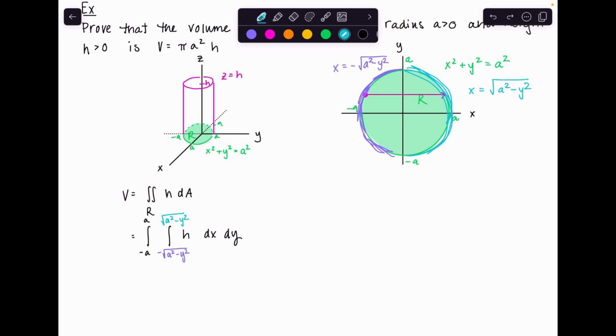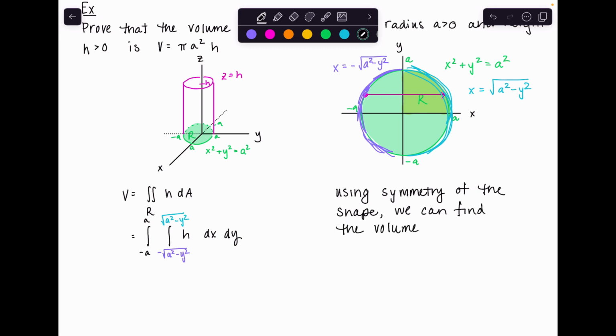The other thing we can do, however, is we can find the volume just over quadrant 1. Okay? So using symmetry of the volume, we can find the volume in octant 1 and multiply by 4.